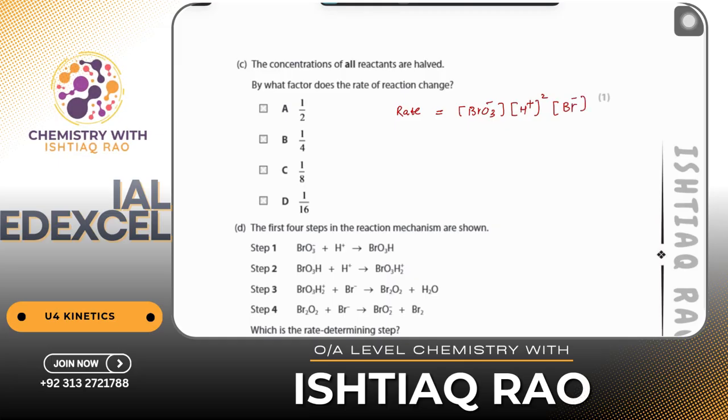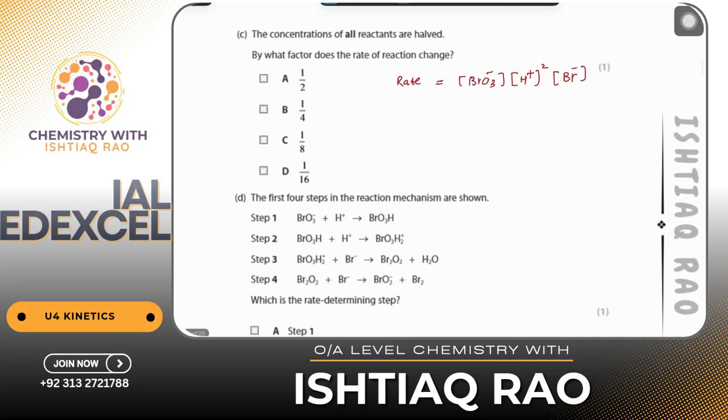Now you have to put it as we did in the last question, if you remember. Now I'm going to halve it. By the way, the order with respect to BrO3 negative is 1, the order for H plus is 2, and the order for Br negative is 1.